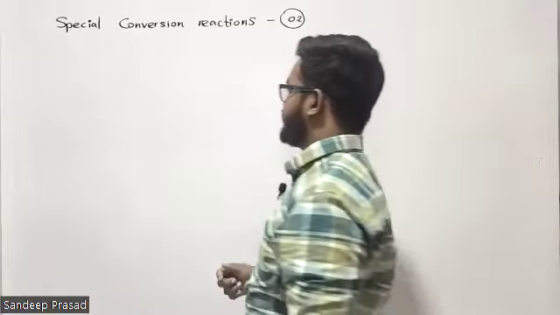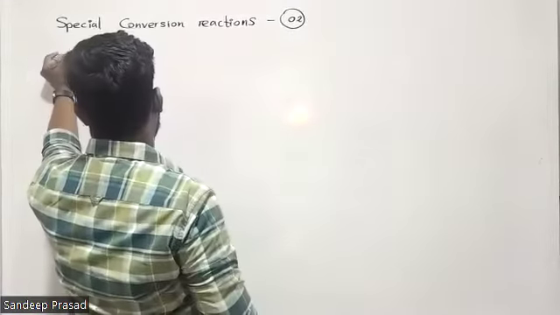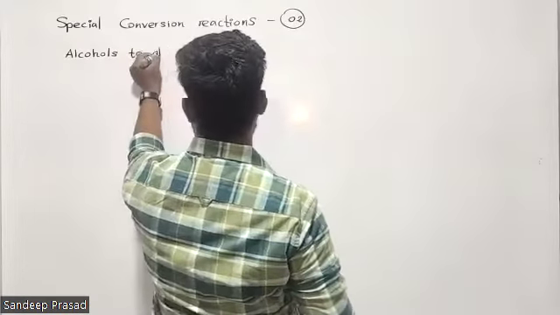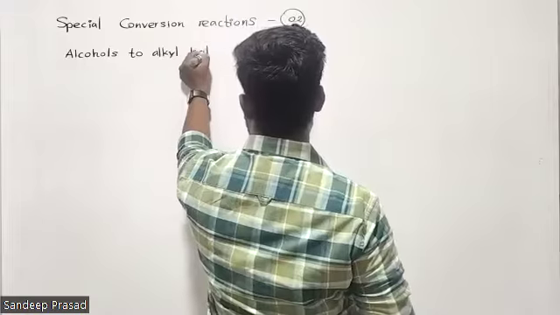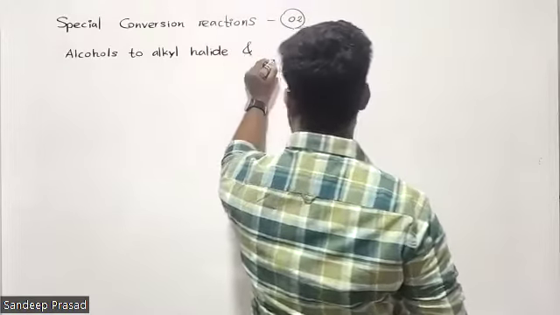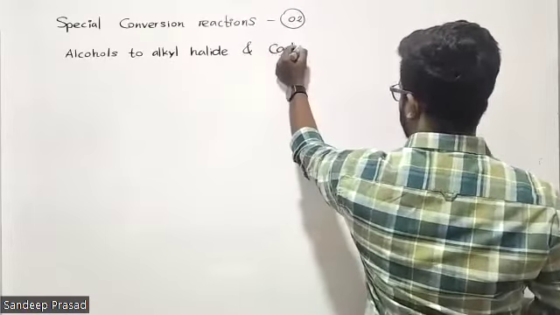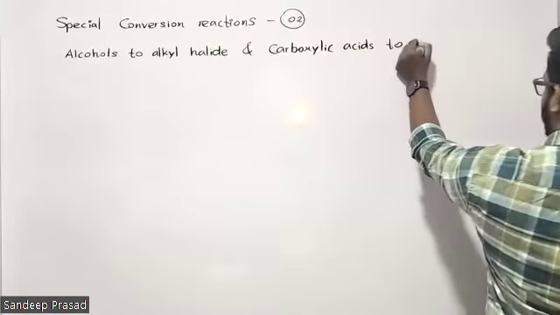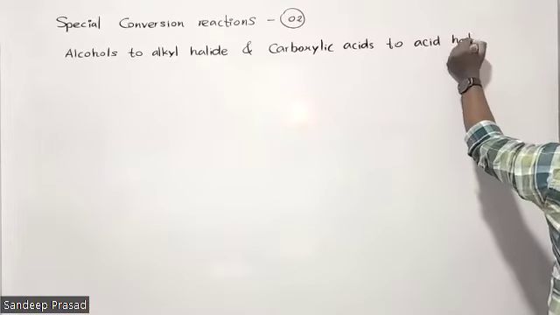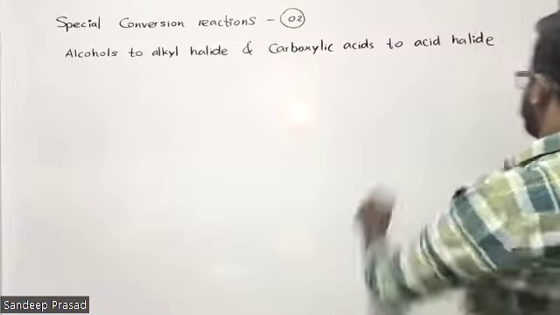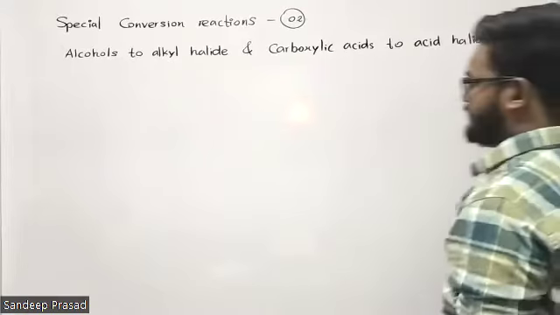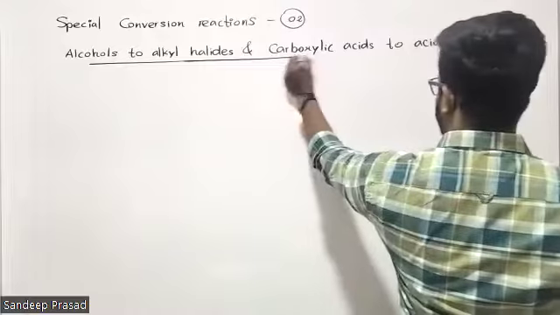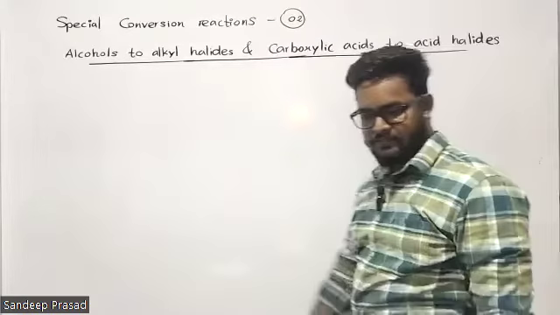Under special conversion reactions number two, we are going to discuss alcohols to alkyl halide, and carboxylic acids to acid halides. So this is the reaction type that we are discussing here: alcohols to alkyl halides and carboxylic acids to acid halides, right?